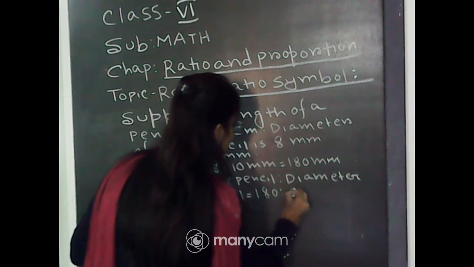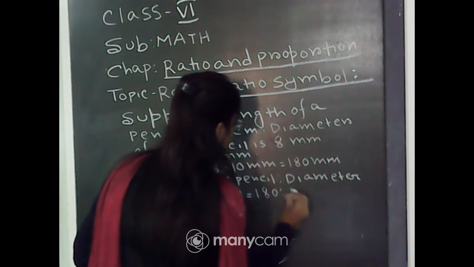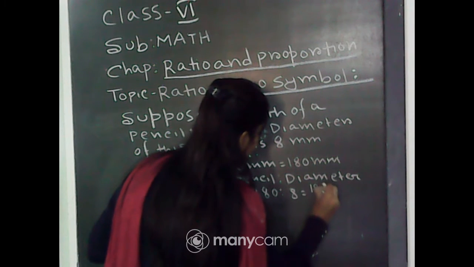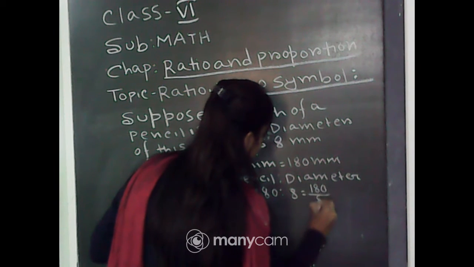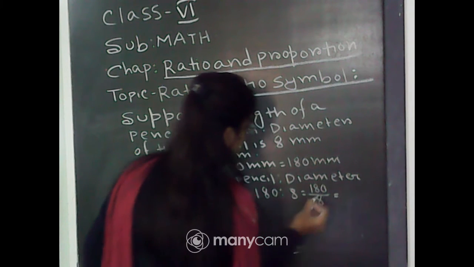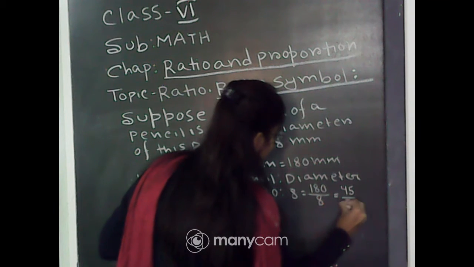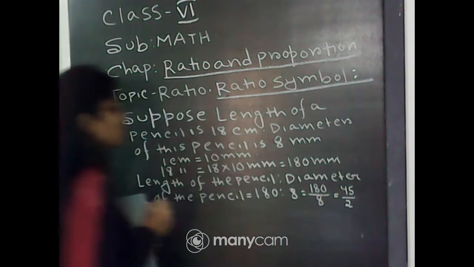Here both the units are same, and this is equal to 180 divided by 8, which is 45 divided by 2.